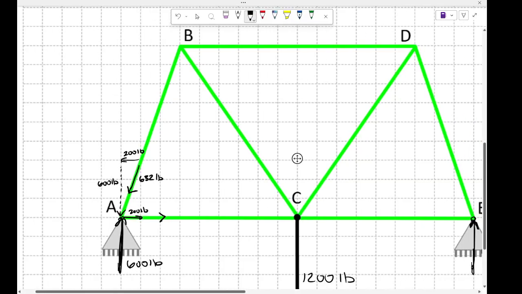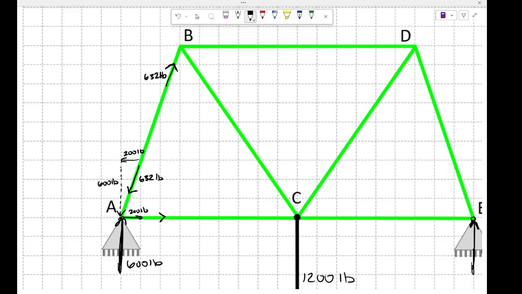And we would draw another arrow and say that since it's in compression, it's also pushing on that joint B, right? And since we know it's 632 pounds and it's being compressed, then we also know that this is 632 pounds.